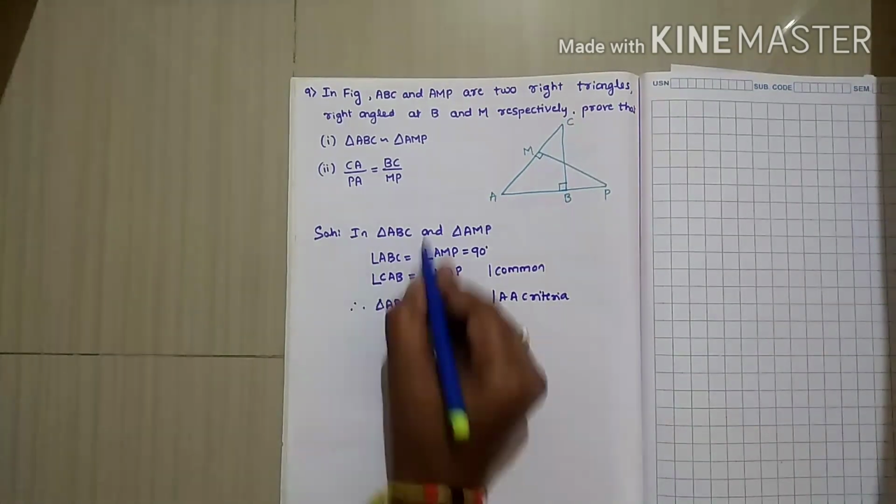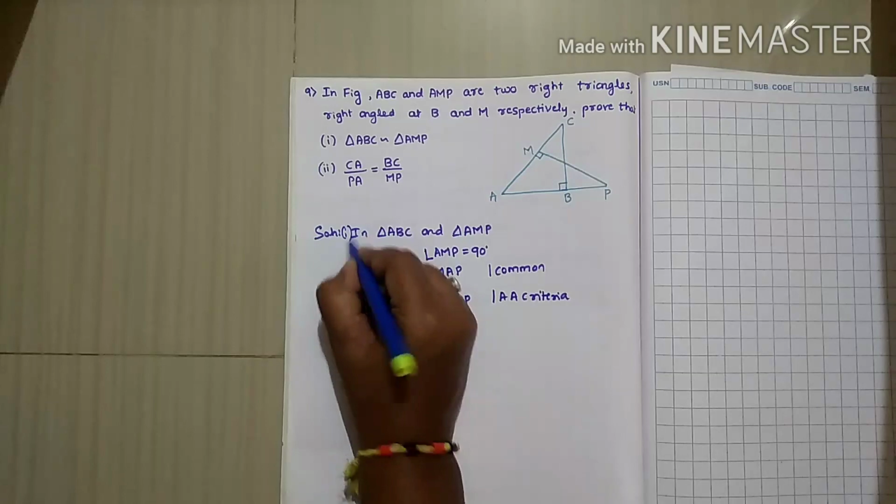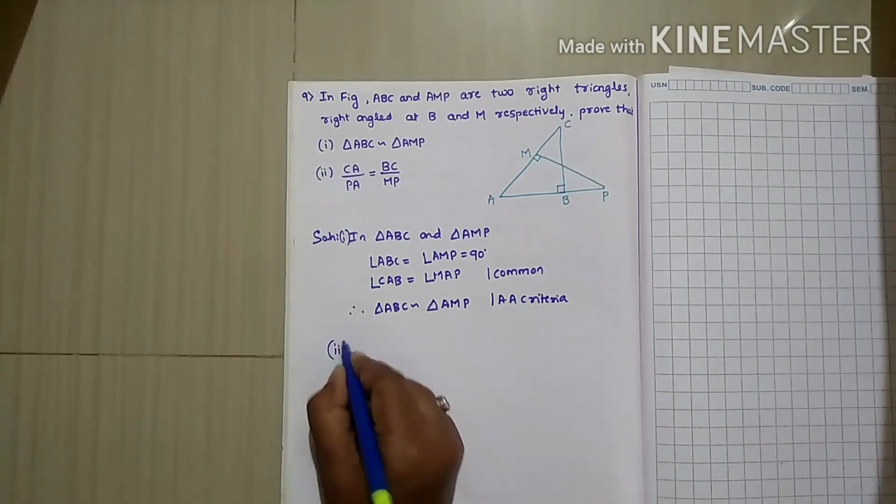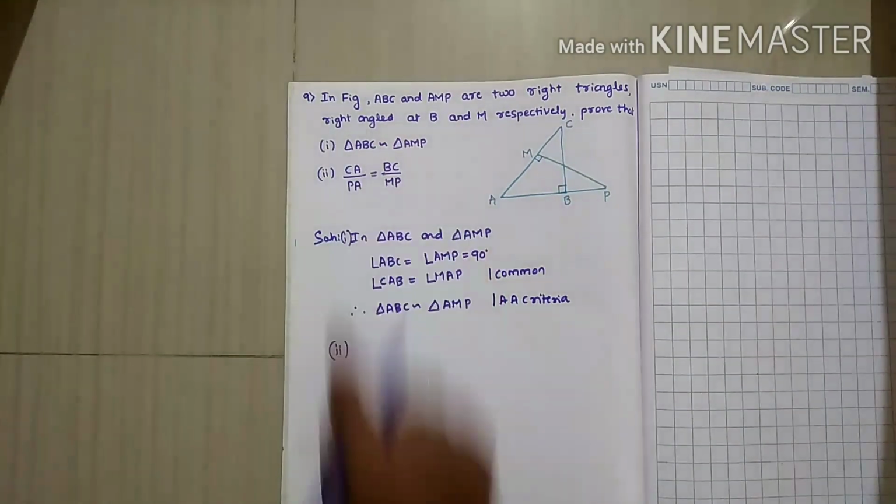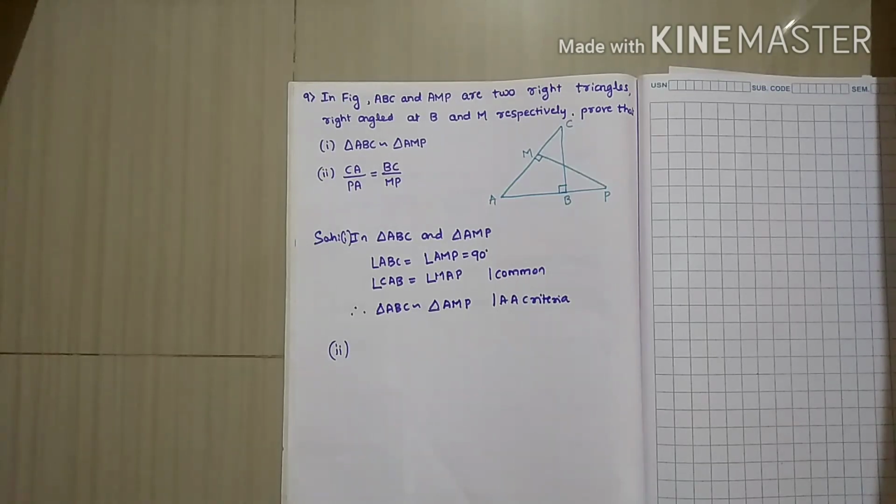This is the first result we proved. Now the second result we'll see. We got to know that these two triangles are similar. If the triangles are similar, corresponding sides are in the same ratio. How will you identify the corresponding sides? Always sides opposite to equal angles are corresponding sides.